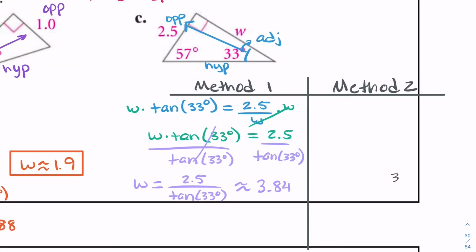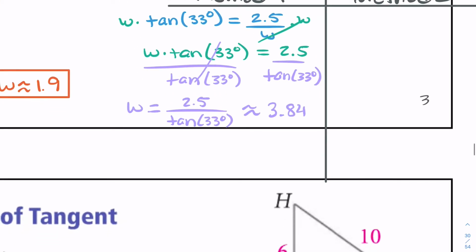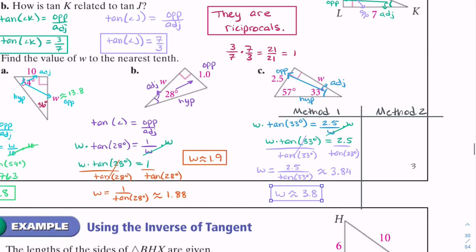So I'm going to ignore that 9 there. 0.84 does not round up, so we get W approximately equals 3.8. That's to the nearest tenth.